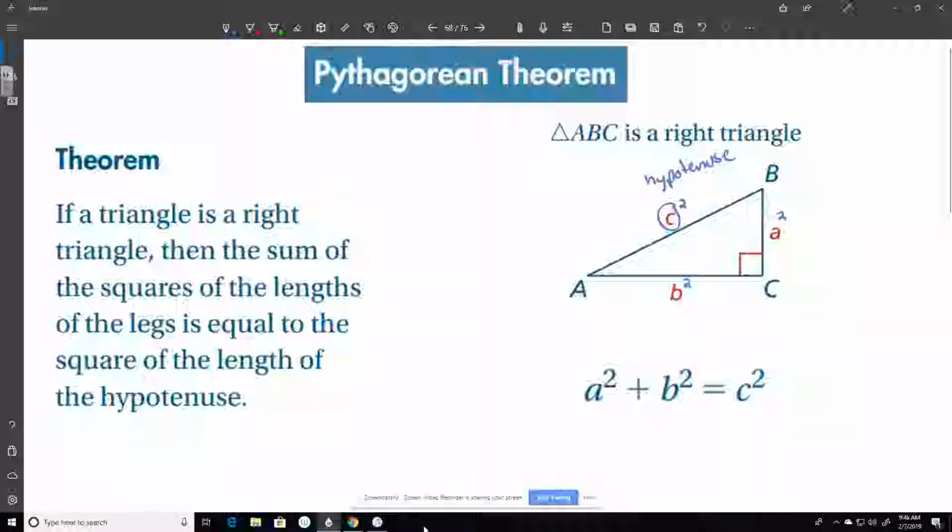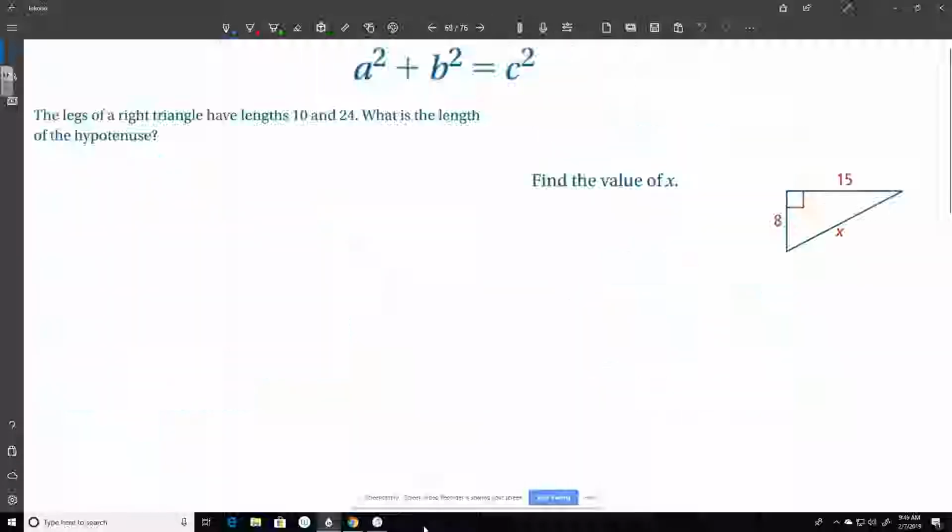So a squared plus b squared equals c squared. There's not a lot of things that your parents are going to remember about high school math, but the Pythagorean theorem, a squared plus b squared equals c squared, they are going to remember because we use this one a lot. So let's look at an example of how we can use this.